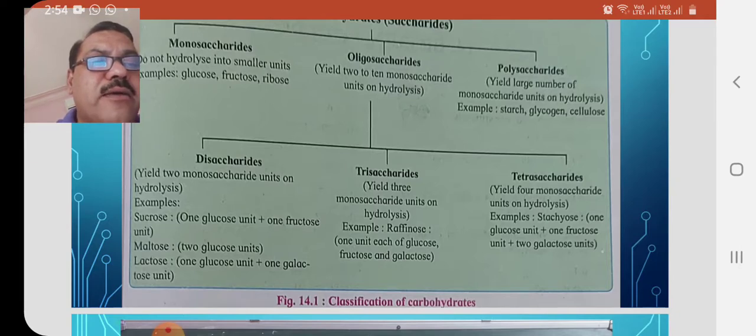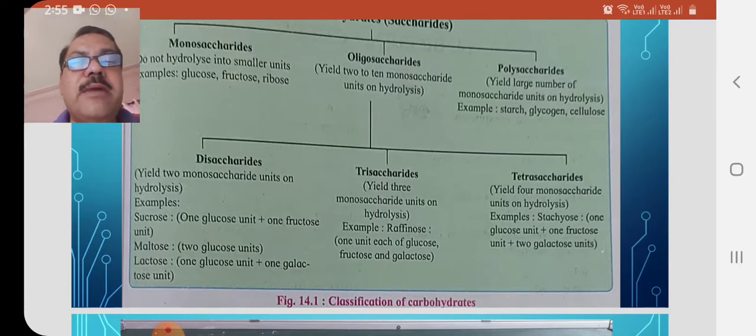A question may be asked in the exam: define disaccharides. The definition is: the carbohydrate which yields 2 monosaccharide units on hydrolysis is called a disaccharide. An example is sucrose, which on hydrolysis gives 1 glucose and 1 fructose unit. Second is maltose, which gives 2 glucose units, or lactose, which gives 1 glucose and 1 galactose unit.